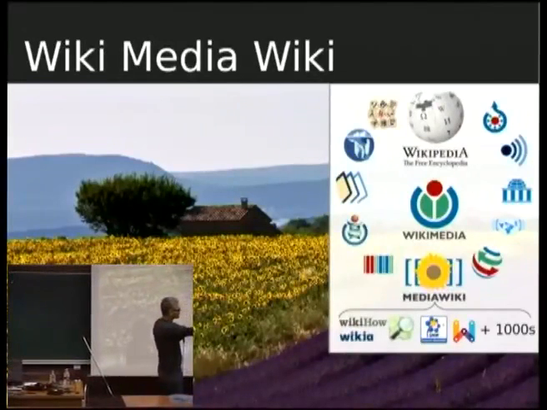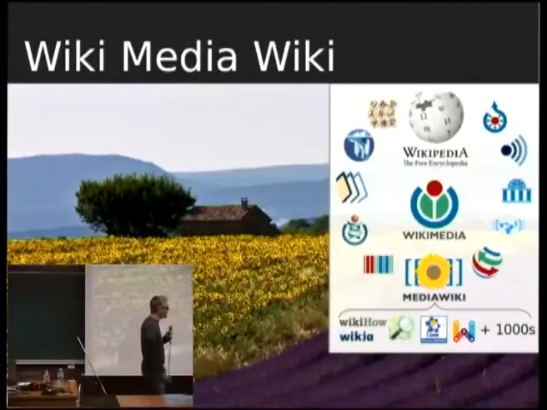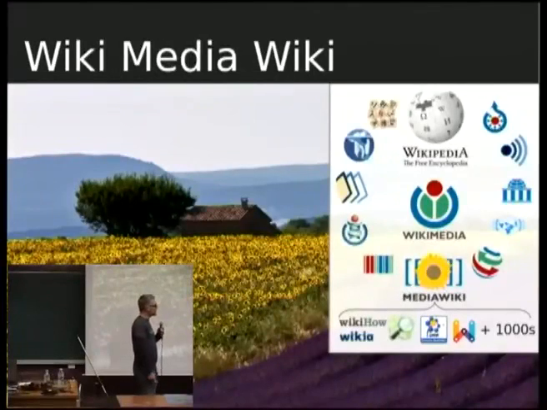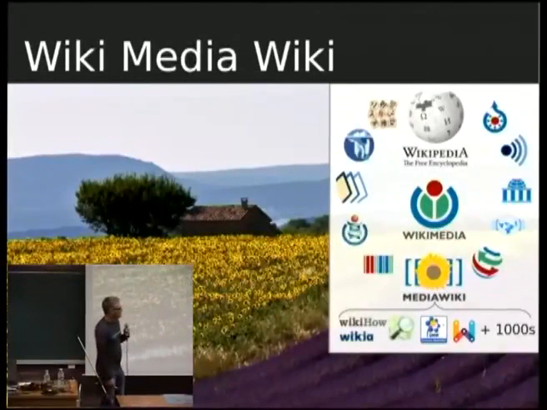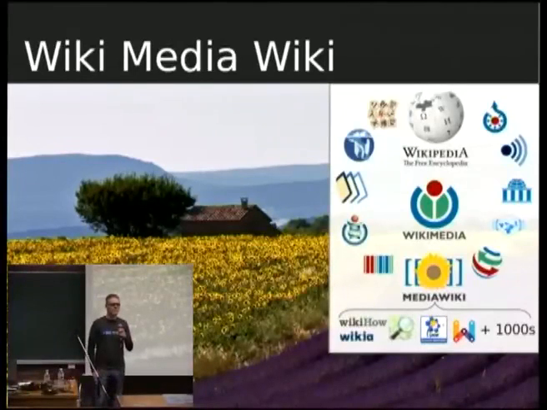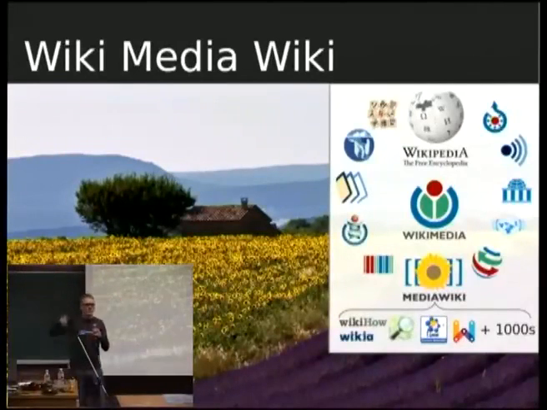Like, I just put some logos here: WikiHow, Wikia, OpenStreetMap, Semantic MediaWiki, Web Platform org, and thousands of others. Are you using other MediaWiki projects? Can you raise your hand if you're using? Okay, many people don't even know. You have to go to the bottom of the page. Sometimes you don't know if you're using a MediaWiki or not.